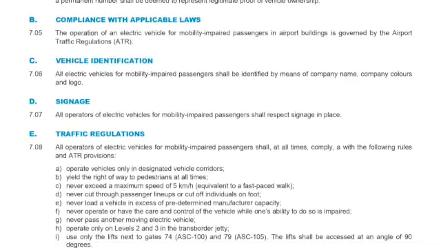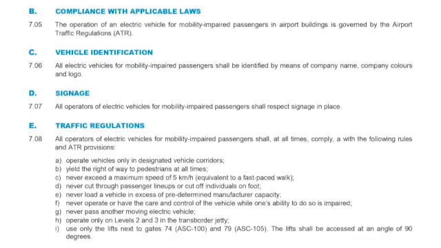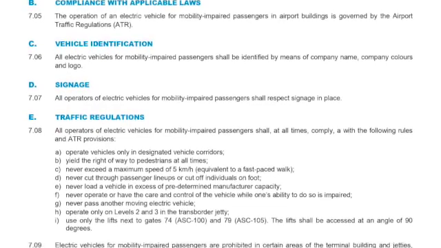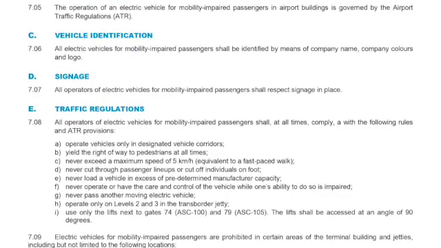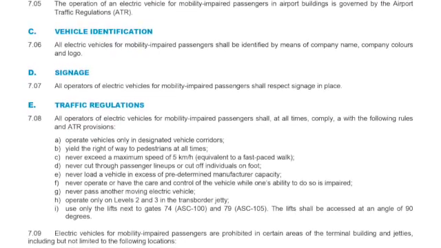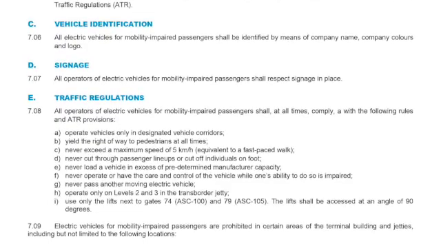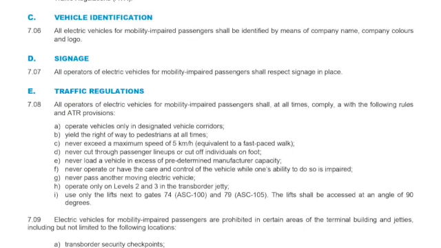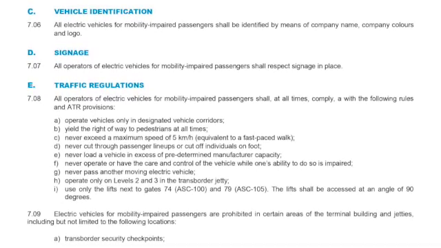C. Never exceed a maximum speed of 5 km per hour, equivalent to a fast-paced walk. D. Never cut through passenger lineups or cut off individuals on foot. E. Never load a vehicle in excess of predetermined manufacturer capacity. F. Never operate or have the care and control of the vehicle while one's ability to do so is impaired. G. Never pass another moving electric vehicle.